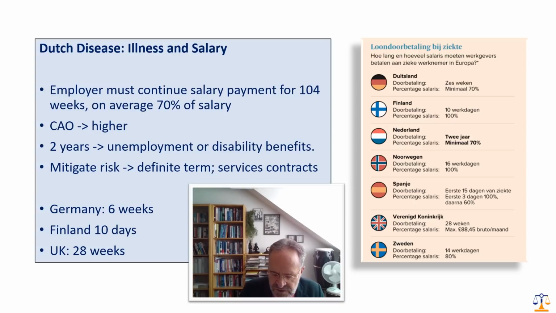That is completely different in other countries of the world, but that is a system which the Netherlands has, which employers do not appreciate and which prevents them from hiring people on an indefinite term contract, because they know that if the people get ill, they have to continue to pay the salary for 2 years.